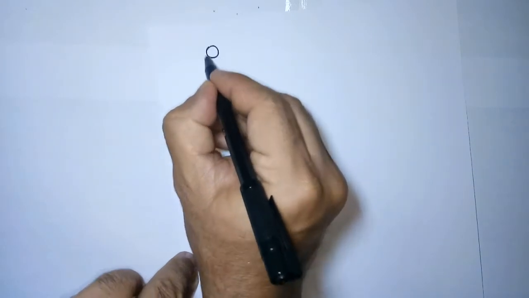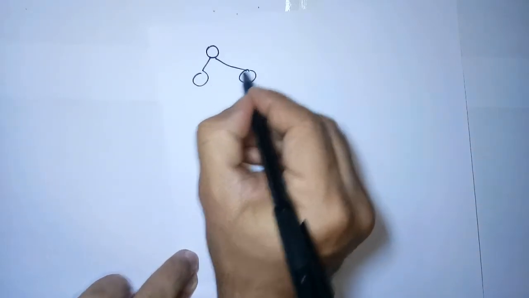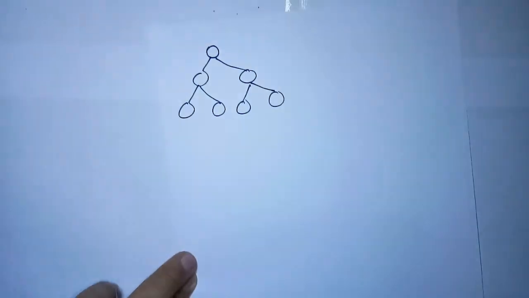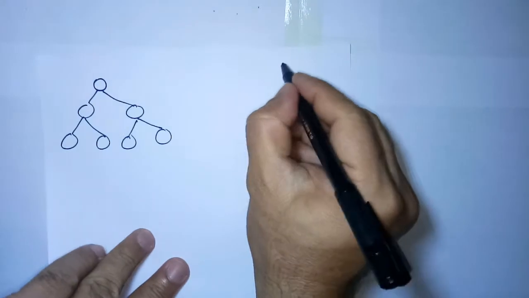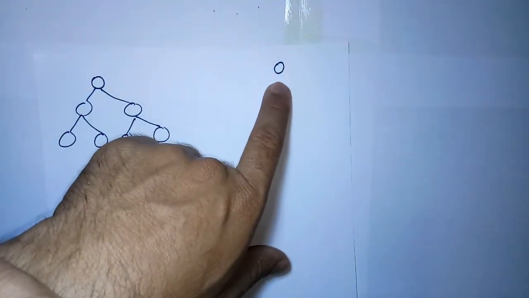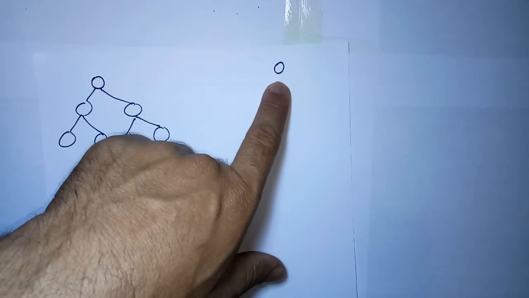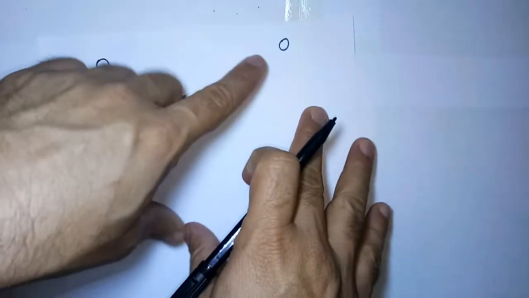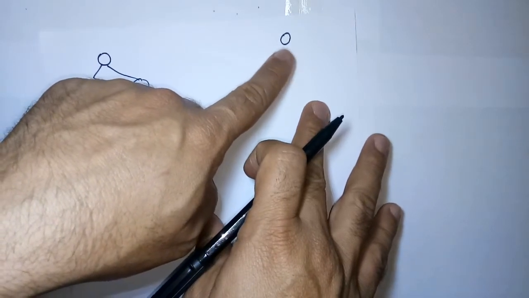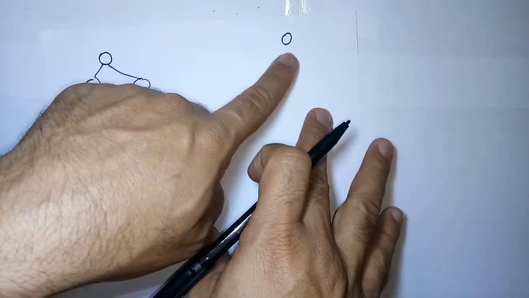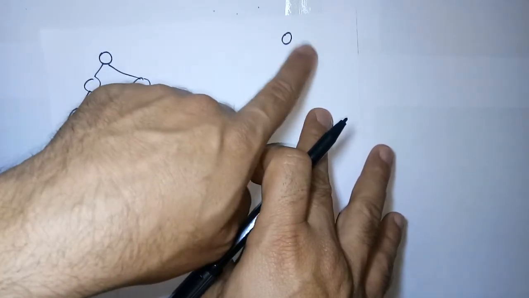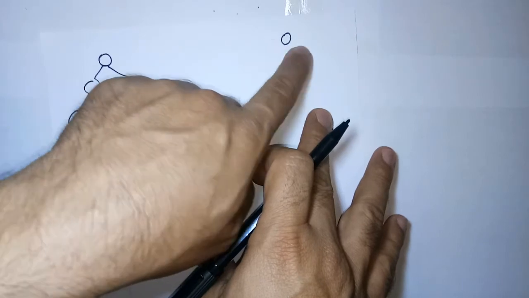If this is the complete binary tree, like this one, having only one node, you can see this is also a complete binary tree, right? It's just the root node and doesn't have any child. So if I have only one node, what is the height of the tree? The height of the tree is obviously 0.